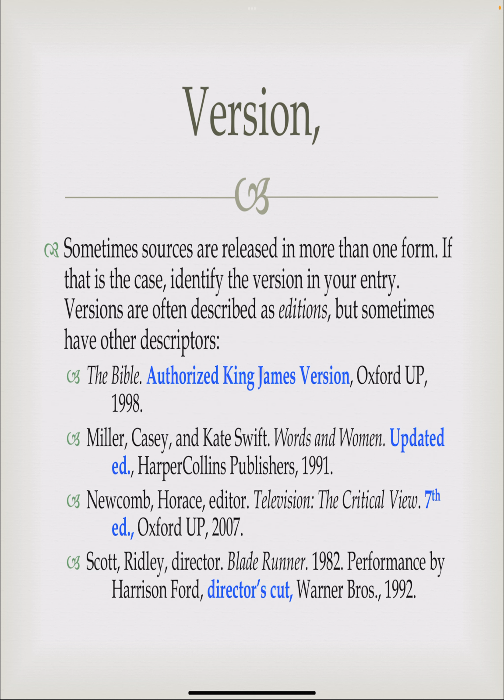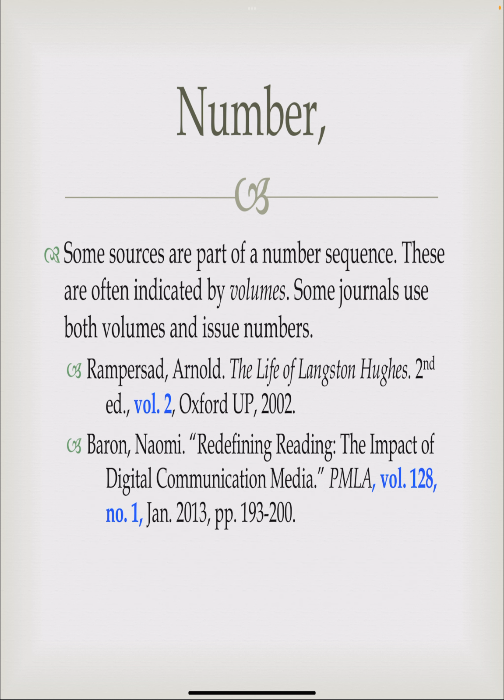Version is if there are multiple publications of the same source. This example is using the Bible, the Authorized King James Version, but there are also reprints where there might be some alterations made, for example. The number, if there is a series of them, for example, dictionaries, encyclopedias, academic journals, right?